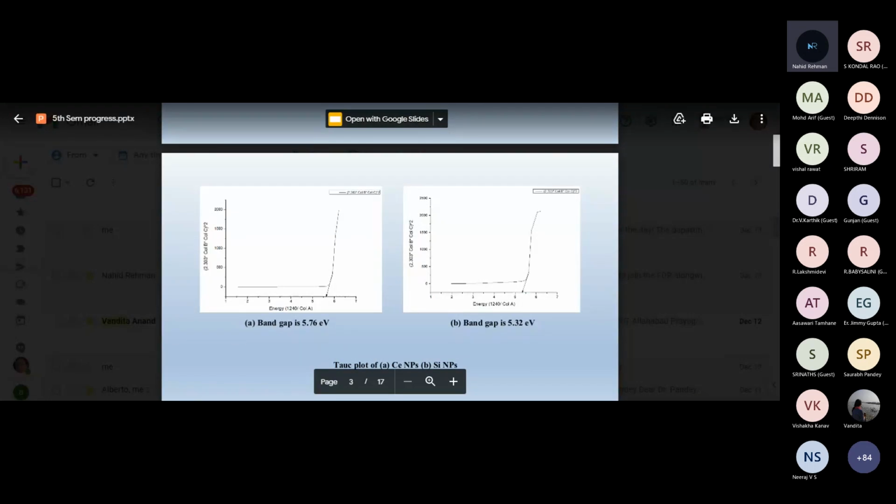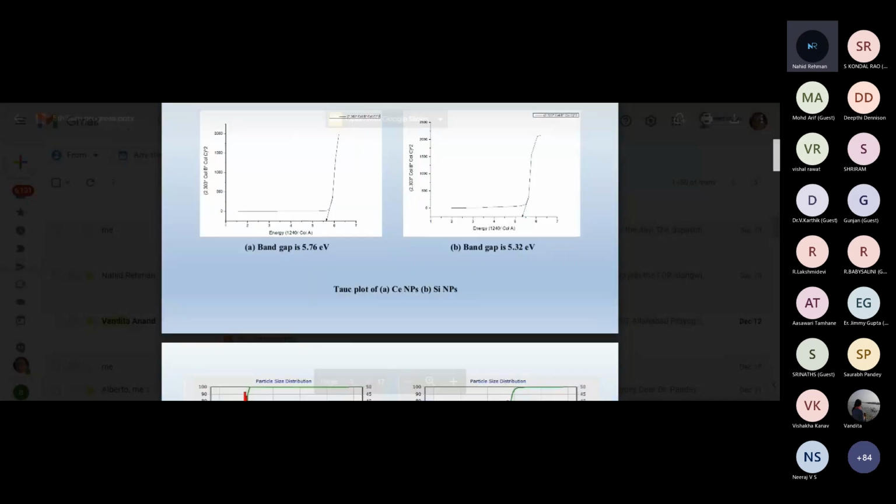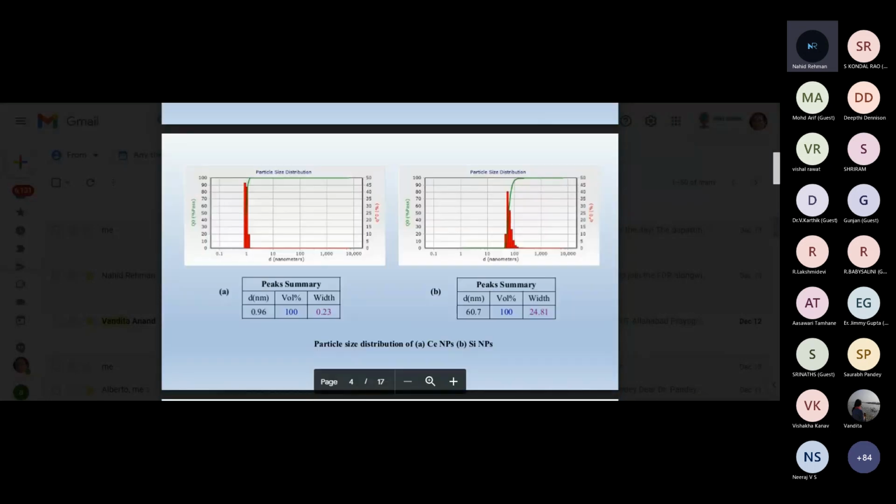This band gap energy actually gives the energy difference between the valence shell and the excited level of the electronic levels of your material.